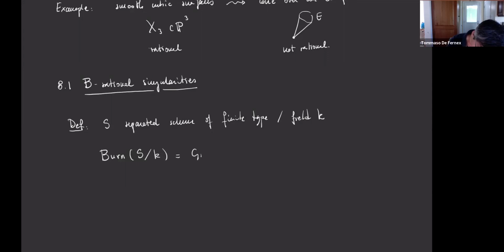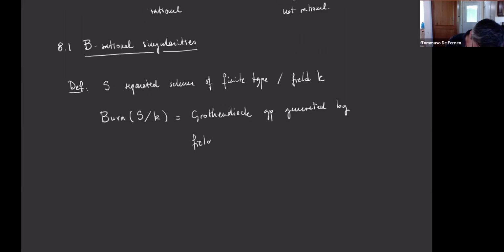This is a Grothendieck group generated by finitely generated field extensions L over K, equipped with a morphism from Spec L to S. Of course, the morphism is over Spec K.